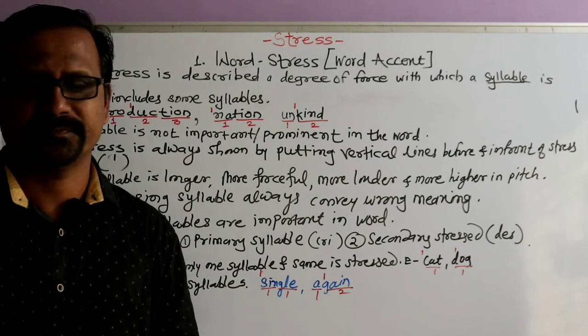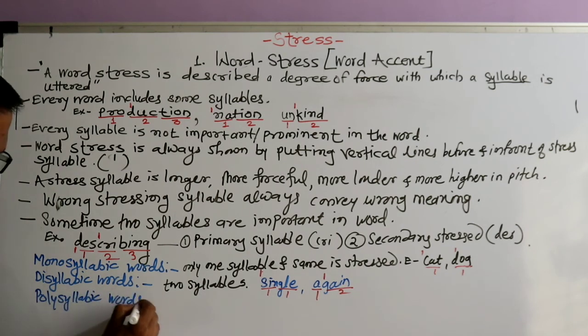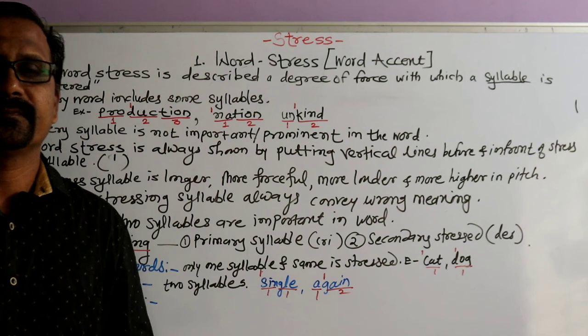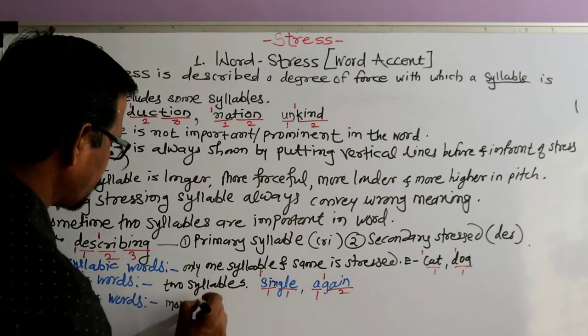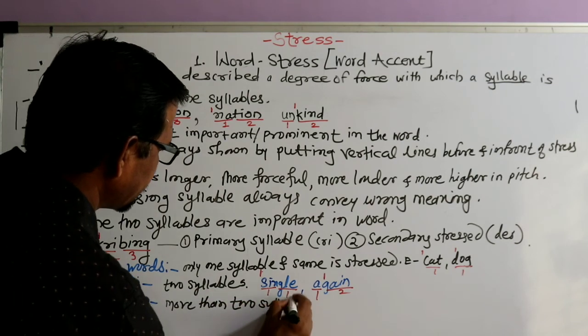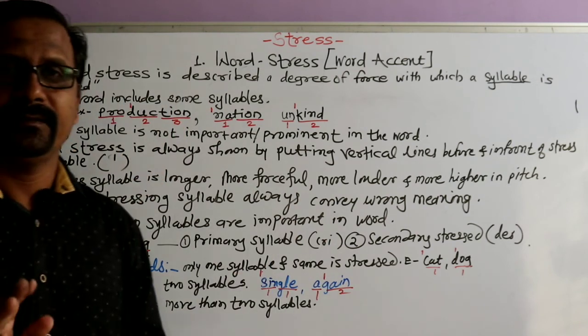Di means 2. And we have one more, that is the polysyllabic. Polysyllabic means the word consists of more than 2 syllables.